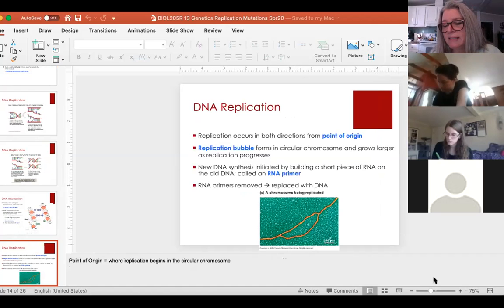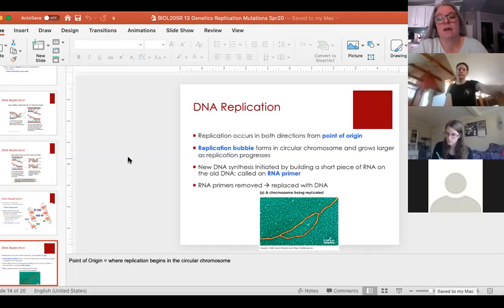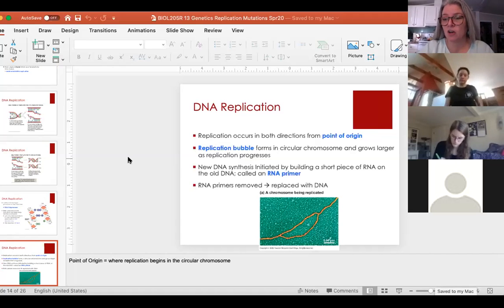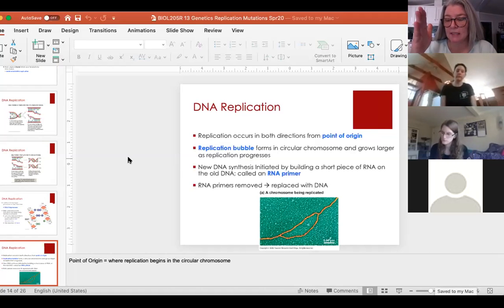Remember, there's a point of origin, or what you'll also read in some textbooks is called the origin of replication. This is just the exact point where the double-stranded DNA molecule gets separated. And it creates what we call a replication bubble.